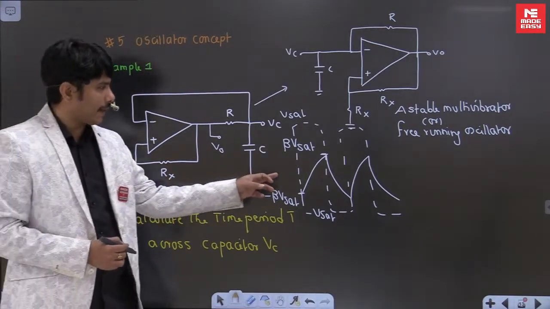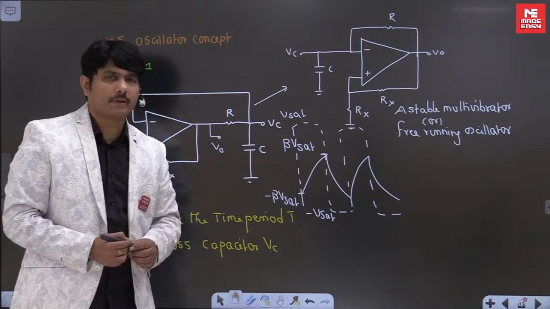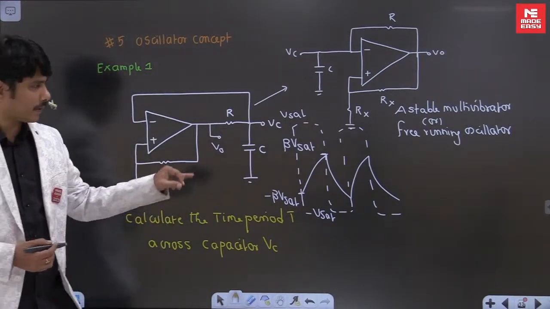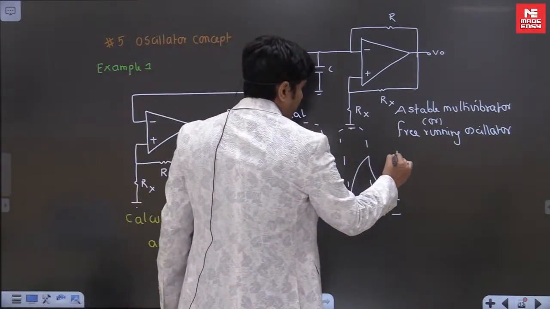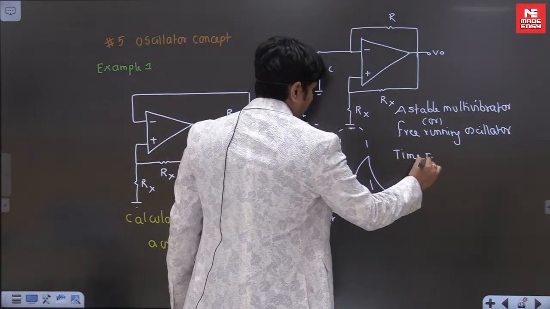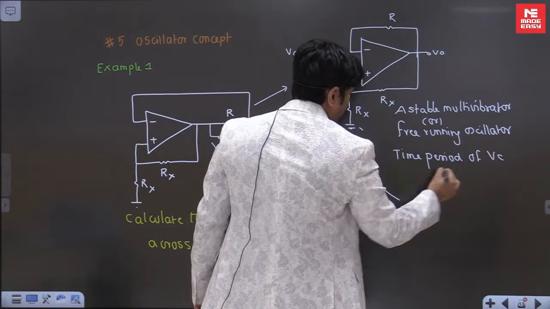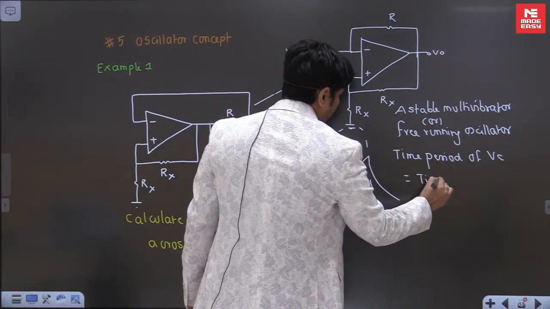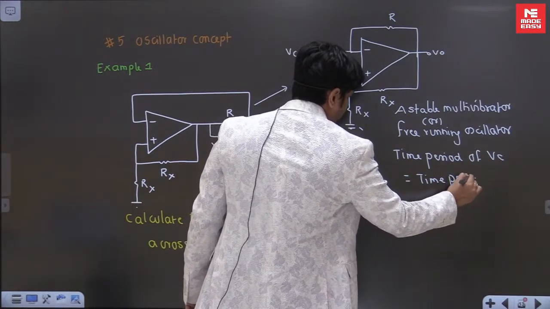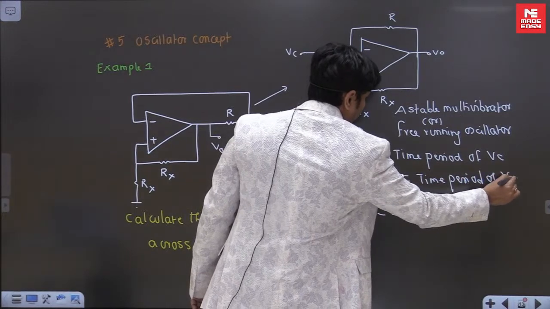But have you seen that the time period of the output and the time period of the capacitor are the same? So that is my confirmation. So the time period of VC voltage is the same as the time period across the output V0.